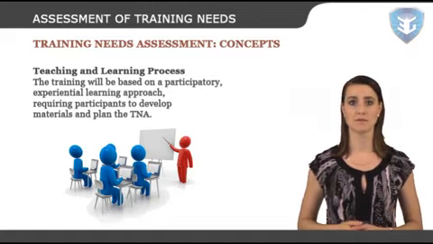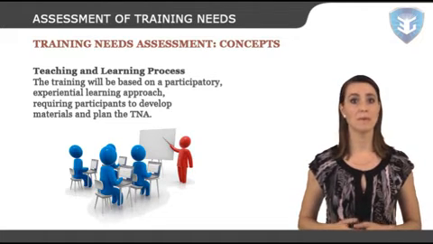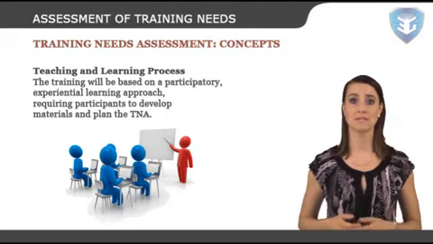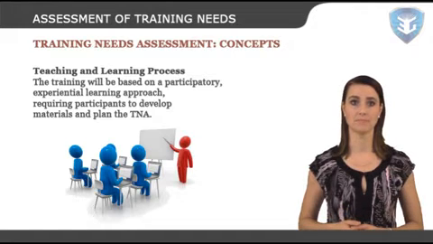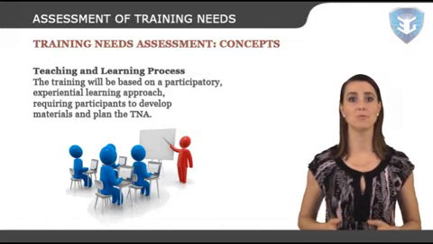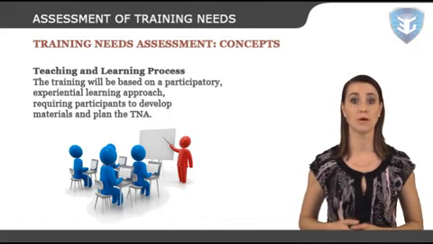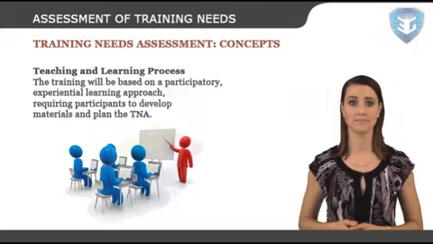Teaching and learning process. The training will be based on a participatory experiential training approach, requiring participants to develop materials and plan the TNA. The final phase in the training and development program is evaluation of the program to determine whether the training objectives were met.